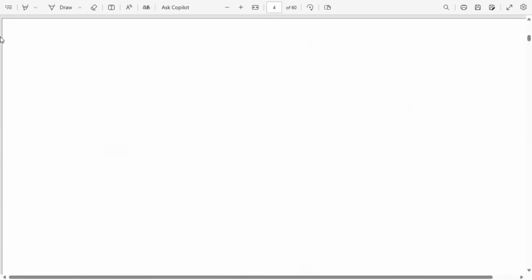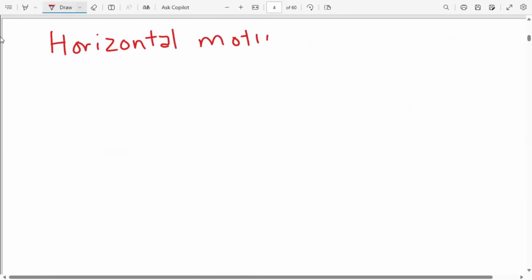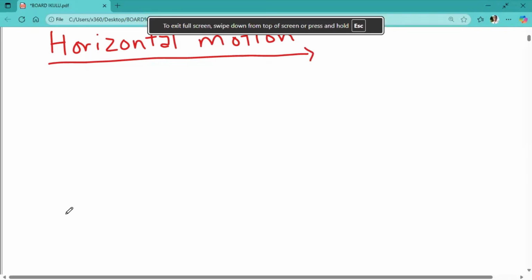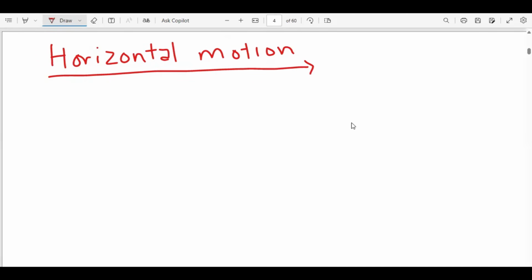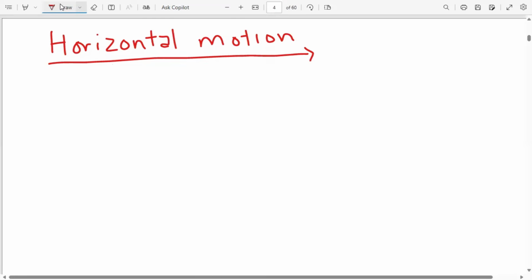Now let's go to the horizontal axis. Let's go to the horizontal motion. One of the interesting facts of the horizontal motion is that it doesn't get affected by the gravitational force that we've already talked about.